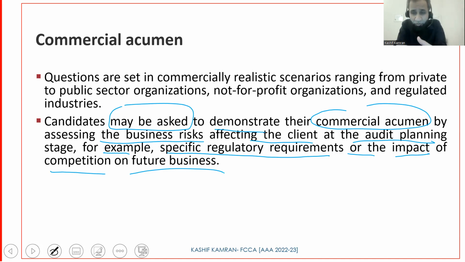It might be a regulatory situation. It might be an internal control weakness, or it might be something associated with stakeholder dissatisfaction, or it might be something relating to your liquidity problems, etc. And there might be a situation relating to a threat of competition coming from your competitor.